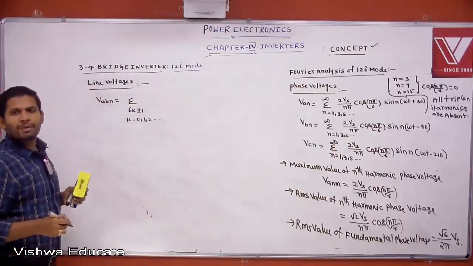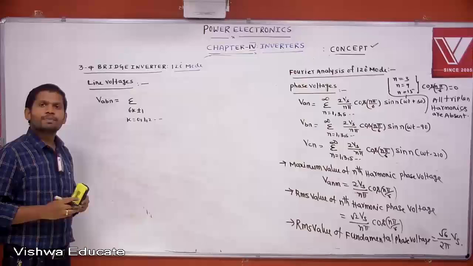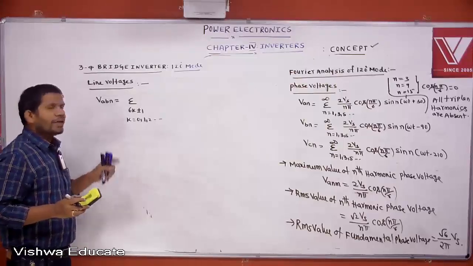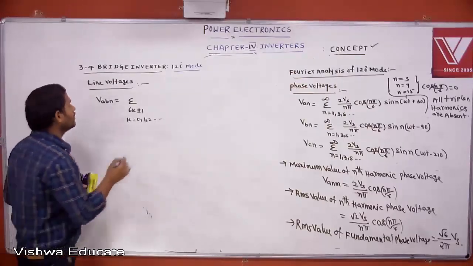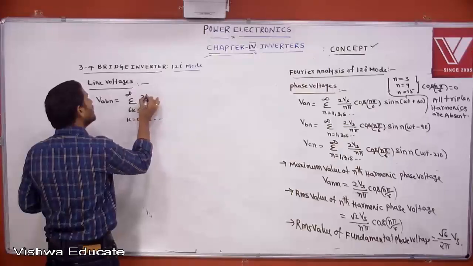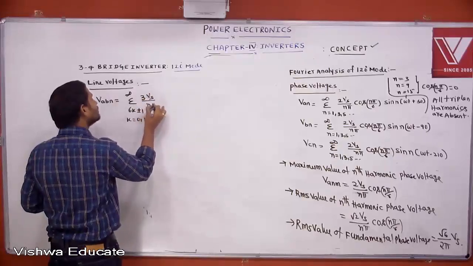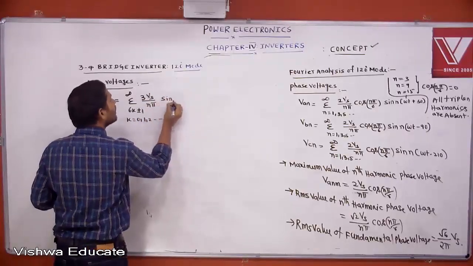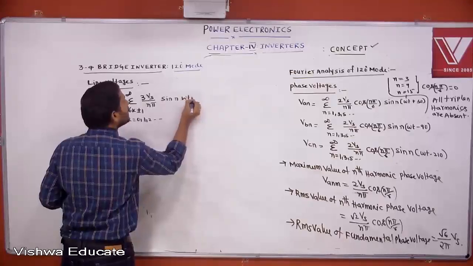Why take 6k plus or minus 1? Because in a line voltage, what is the shape we are getting? Stepped waveform up to infinity. Then 3 Vs by n pi sine of n omega t plus 30.